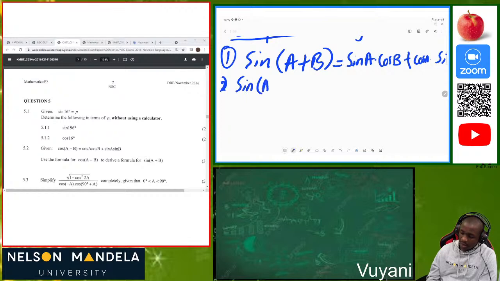Sine of A minus B is equal to sine of A times cos of B minus cos of A times sine of B.